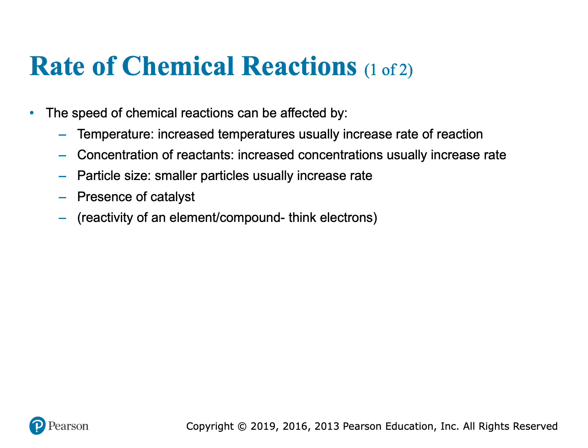Different particles behave differently, and so therefore can change the rate of reaction. A catalyst. In the human body, the catalyst is an enzyme. Enzymes change the rate of a reaction.